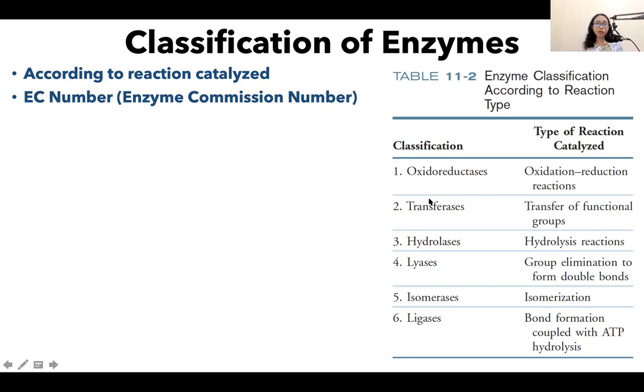You have transferases that catalyze the transfer of functional groups. You have hydrolases that catalyze hydrolysis reactions. Lyases catalyze group elimination so that you can form double bonds. Isomerases, of course, catalyze isomerization, and ligases catalyze bond formation that is coupled with ATP hydrolysis.